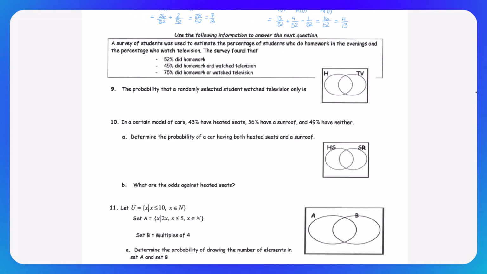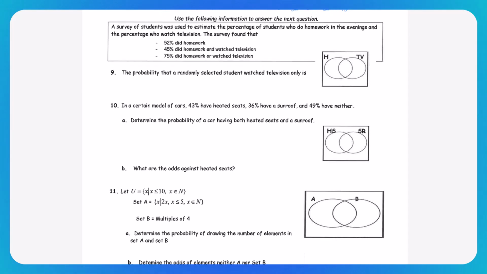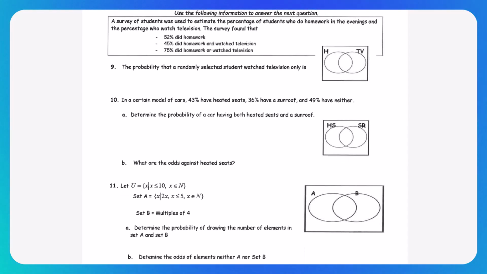Okay, let's look on to the next question here. It's saying a survey of students was used to estimate the percentage of students who do homework in the evenings and the percentage who watch TV. The survey found that 52% did homework, 45% did homework and watched TV, and 75% did homework or watched TV.